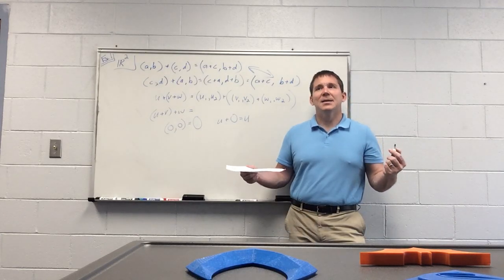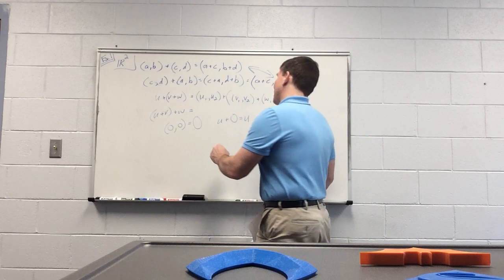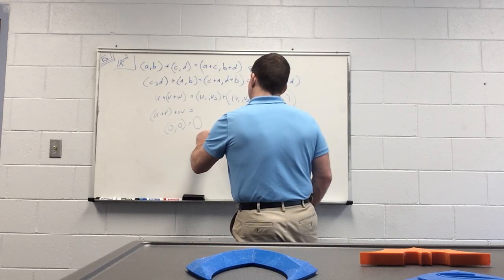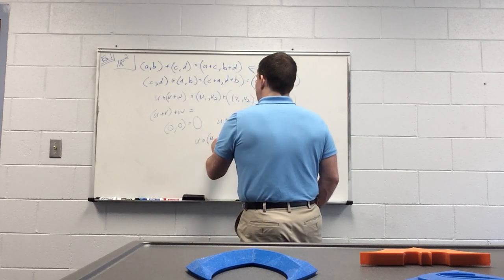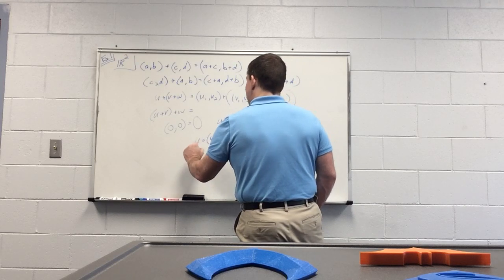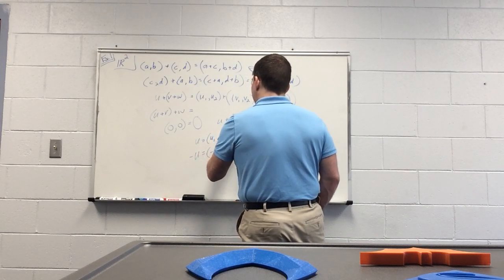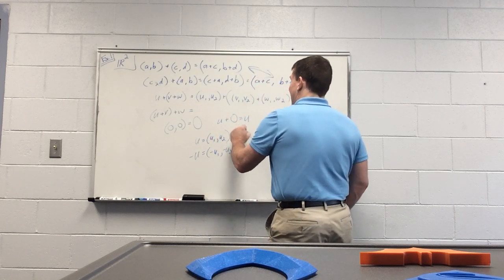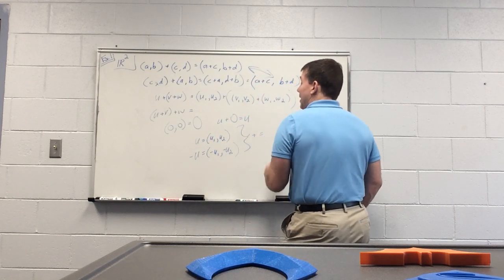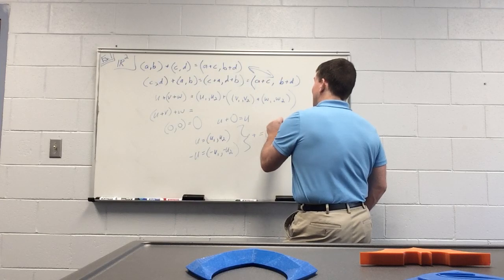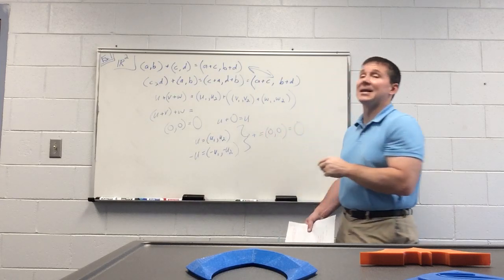What else do I need? Inverses, but sure, if u is equal to (u1, u2), is there an inverse? Yeah, let negative u equal (negative u1, negative u2). If I combine those together, I get (0, 0), which is my identity.